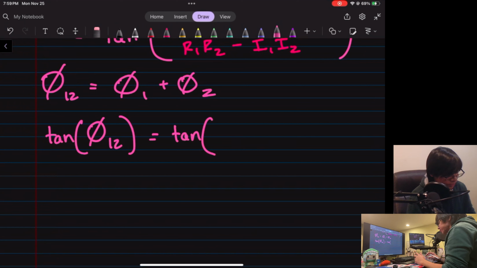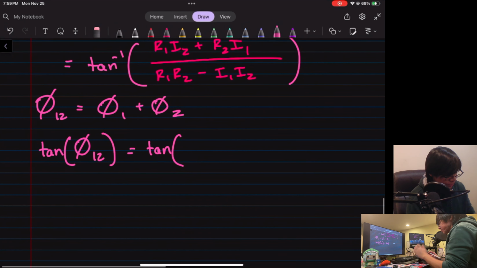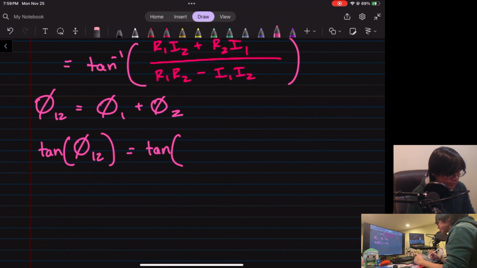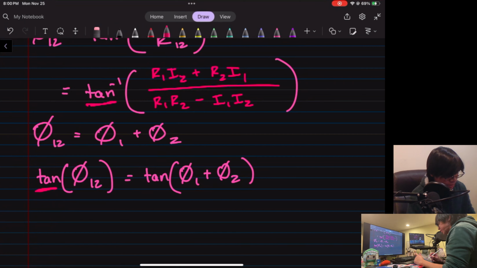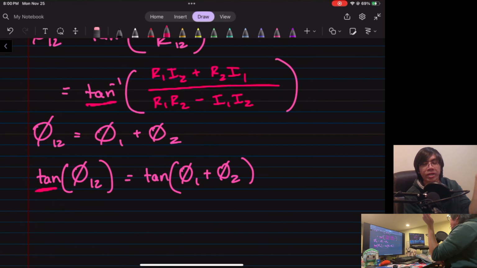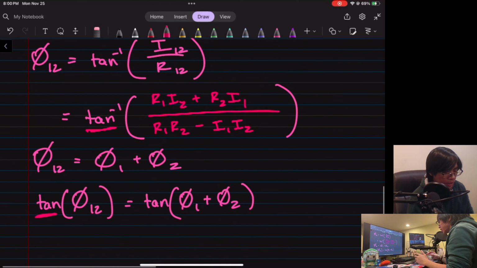I want to write it this way. Tangent of phi 1 plus phi 2. So at the end, you'll notice there's a tangent inverse in front. That'll be coming from the left-hand side since I'm writing it in terms of the tangent in front instead of the imaginary and real right now.